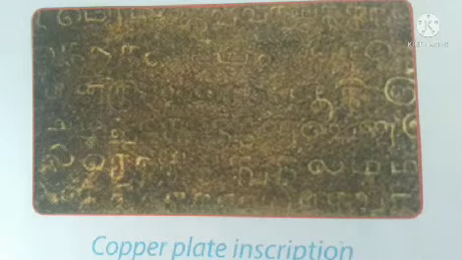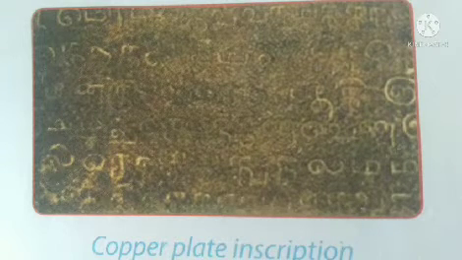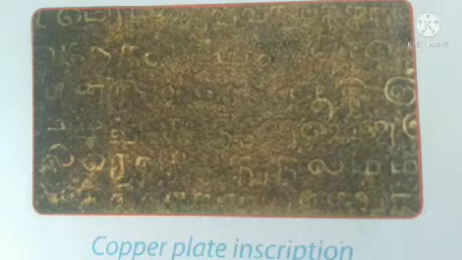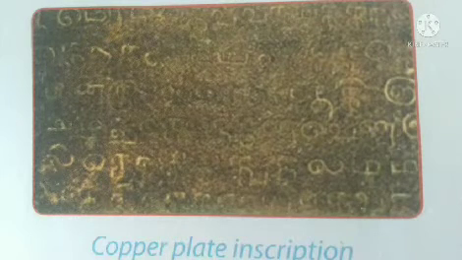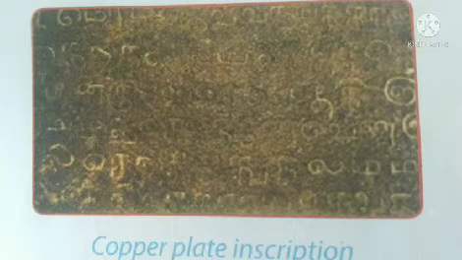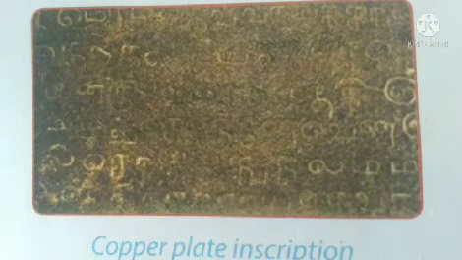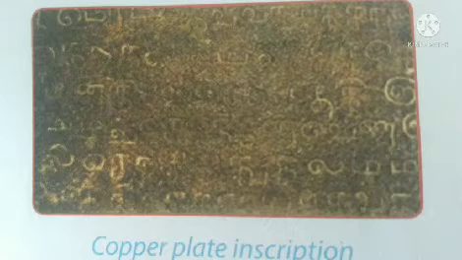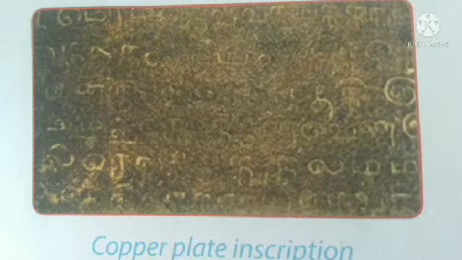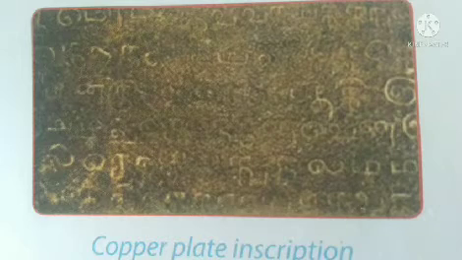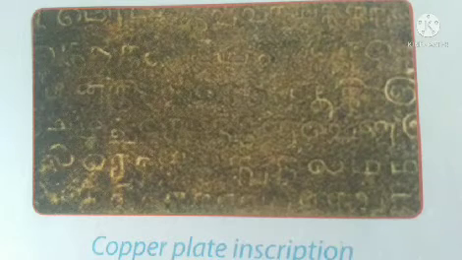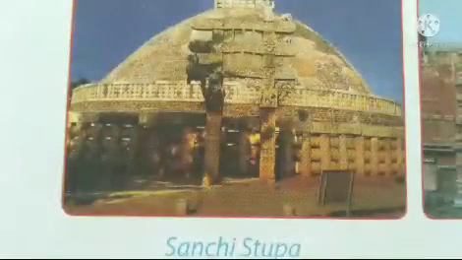Inscriptions provide us with information about the names and titles of rulers, extents of the empire and the royal orders. We can get a good idea of the political, social, economic and religious conditions of India under different rulers. Children, we get an idea of what the political, social and economic conditions of that time were.